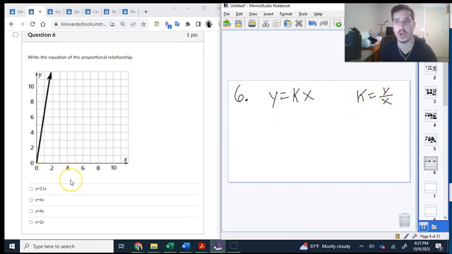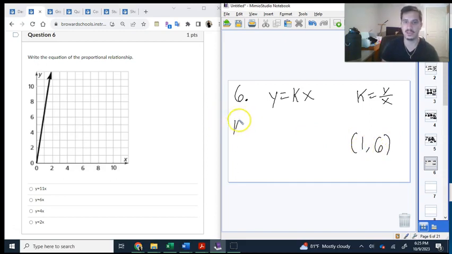So let's find an ordered pair, a point that is an ordered pair, and let's do the y divided by the x. So I don't see anything on an intersection except right here. So my x would be 1, my y would be 6. So 1, 6.